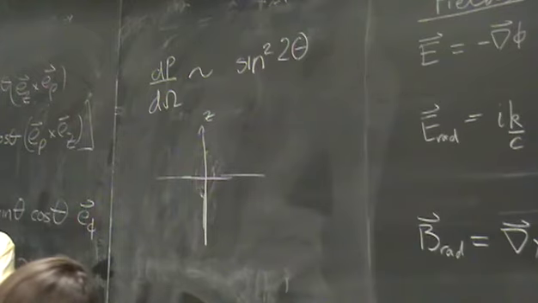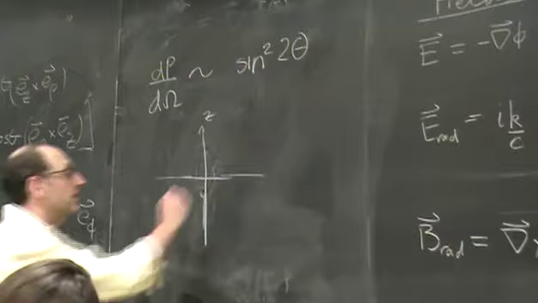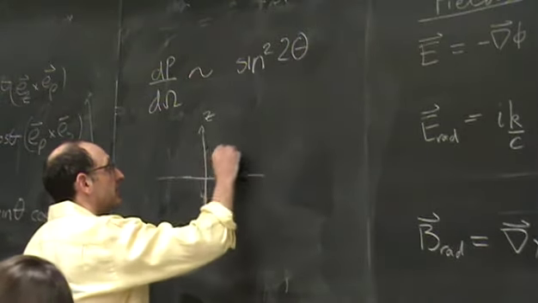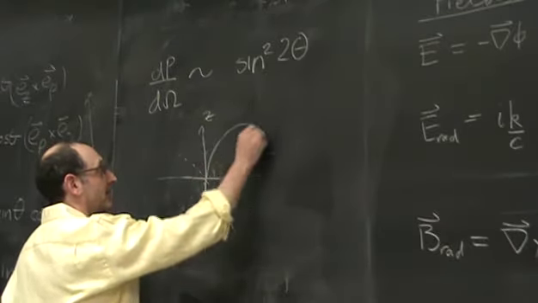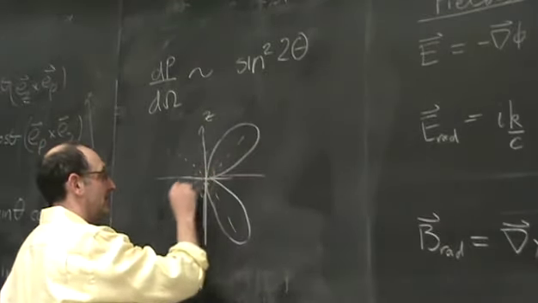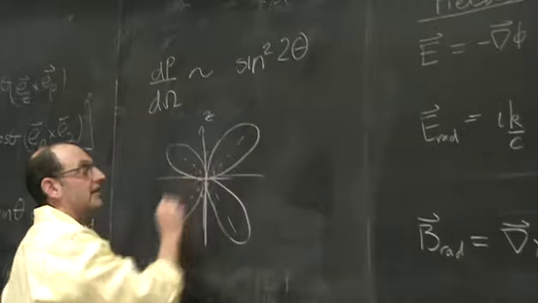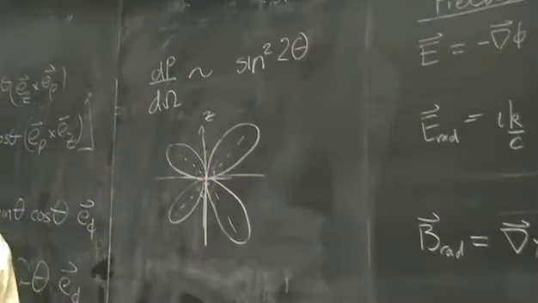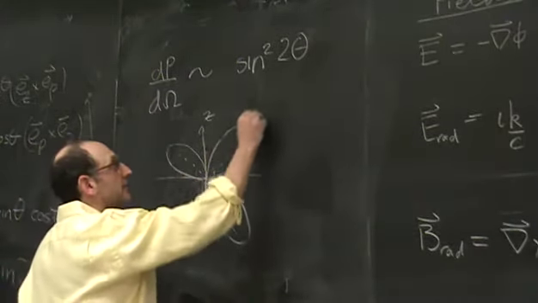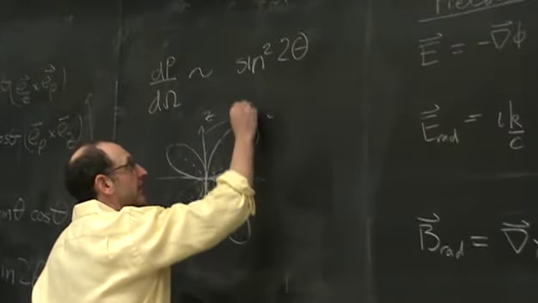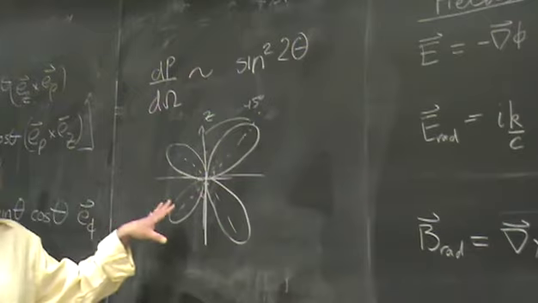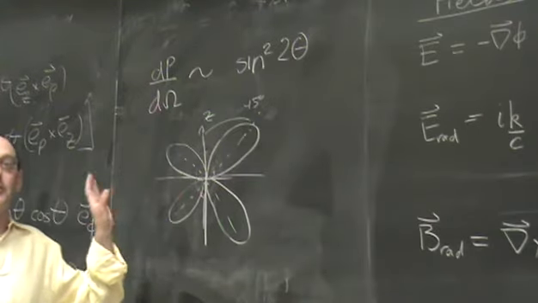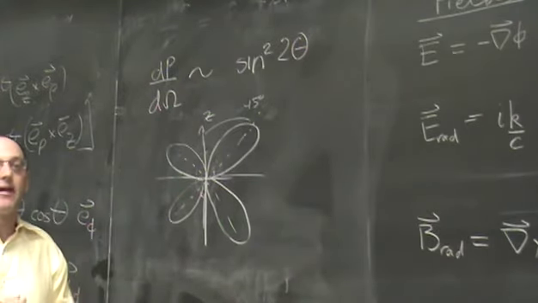Pi over 4, and 3 pi over 4. So what we have is this flower child pattern of electric quadrupole radiation, which maximizes at 45 degrees in each quadrant. So it's a 4-lobe radiation pattern associated with quadrupole radiation.